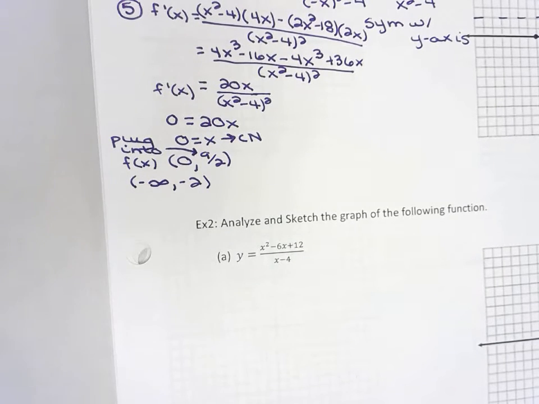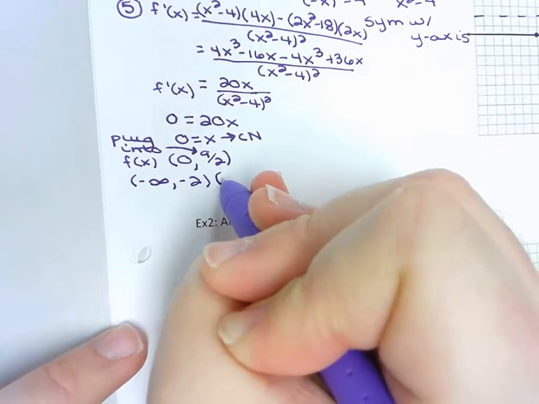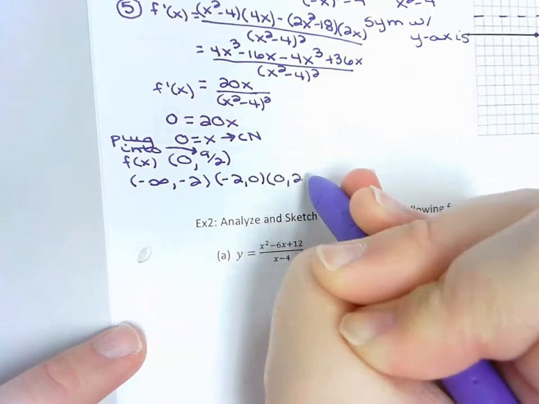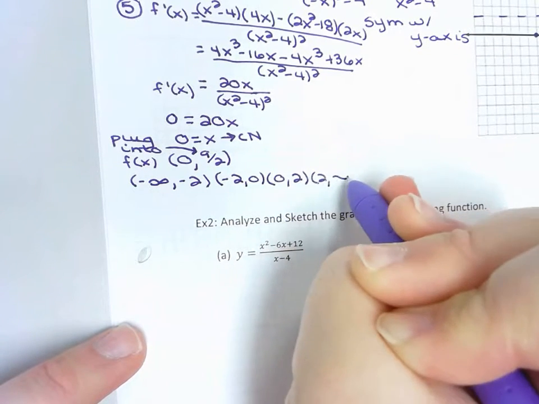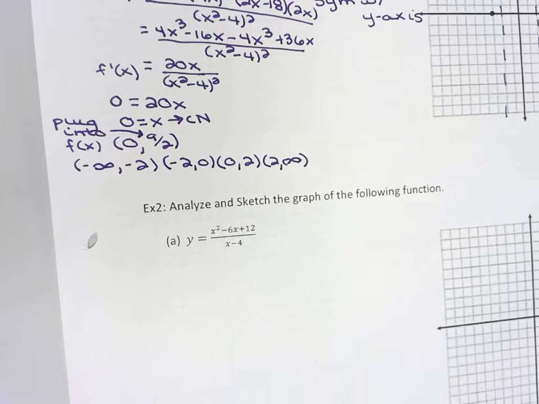The 9/2 is a y value. 0 is the x value. So since that's where my critical point is, I have to plug that into the interval with the domain. So my intervals are going to be negative infinity to negative 2, negative 2 to 0, 0 to 2, and 2 to infinity like we've done before. So you have to take into account the domain and the critical number.